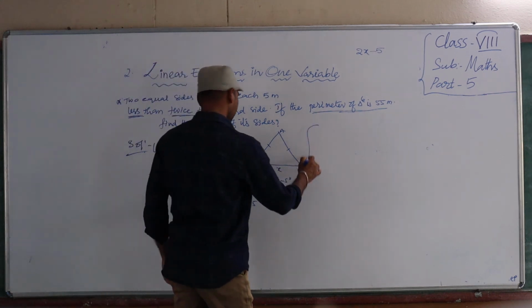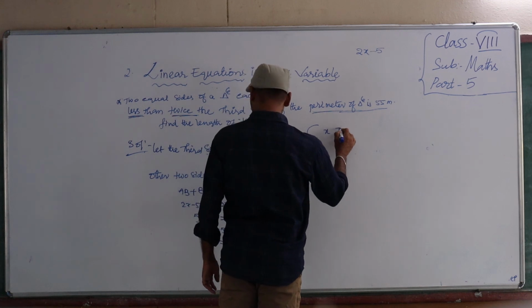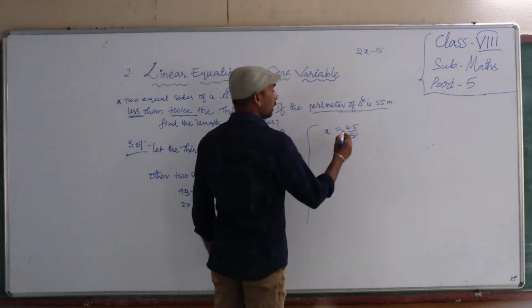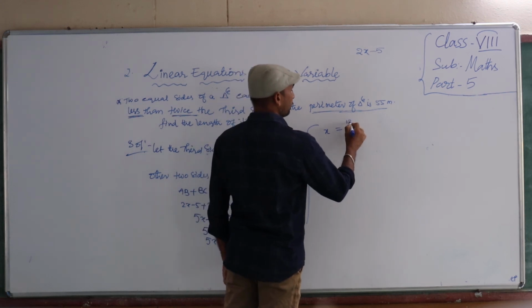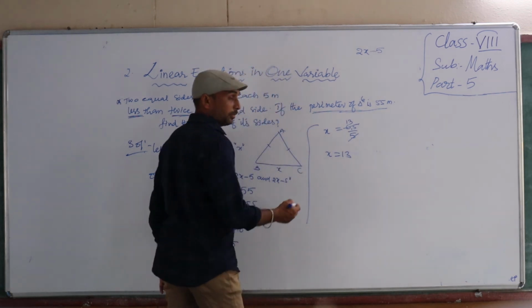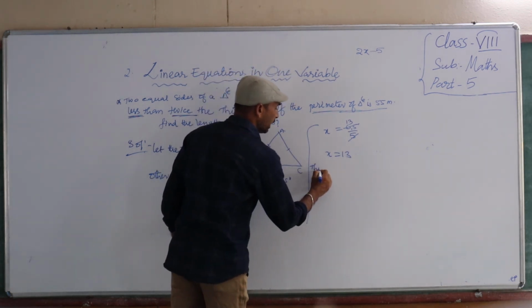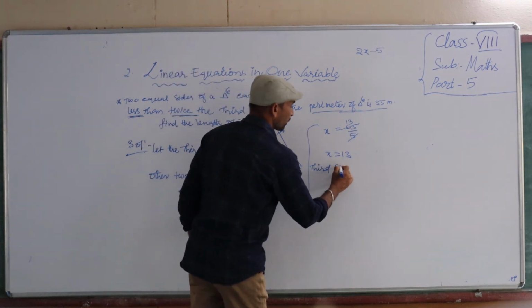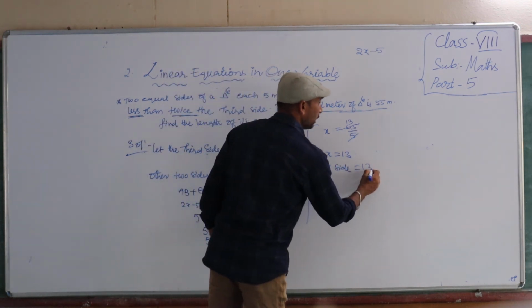Then x is equal to 65 by 5. 5 ones are 5, 5 threes are 15. So the x value is 13. Means the third side is equal to 13.